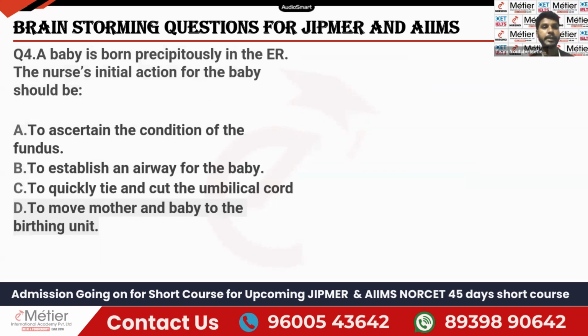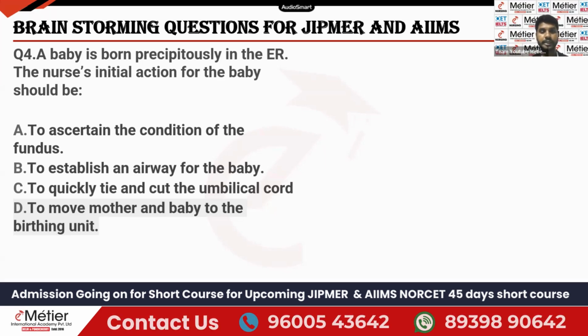Next, a baby is born precipitously in the ER. Okay. The nurse's initial action for the baby should be. Everyone knows a precipitate labor, within 3 hours, the first and second stage both together, the child will be born, especially seen in multiparous women. Okay.